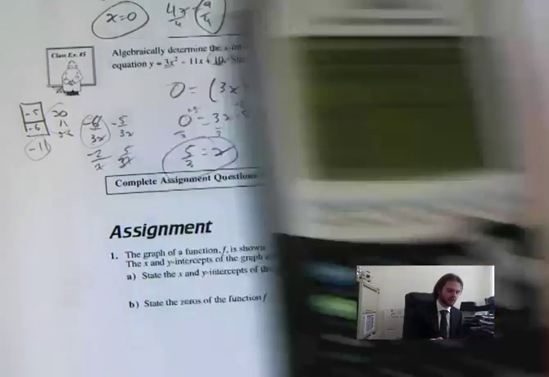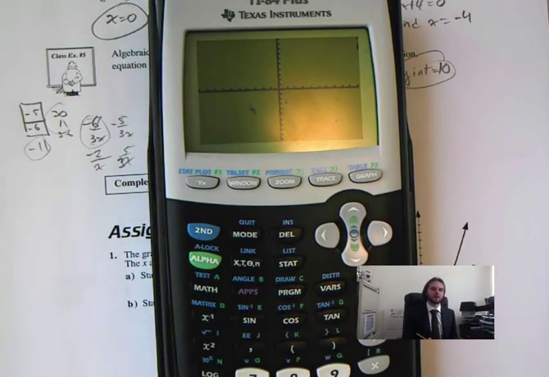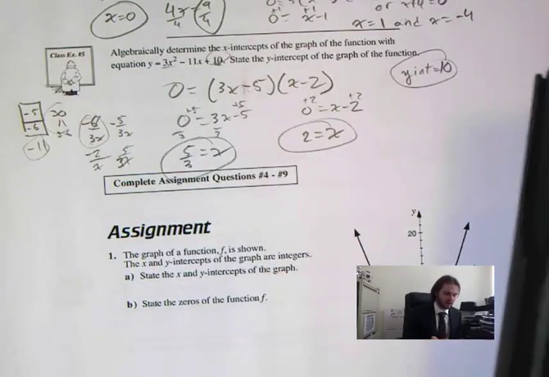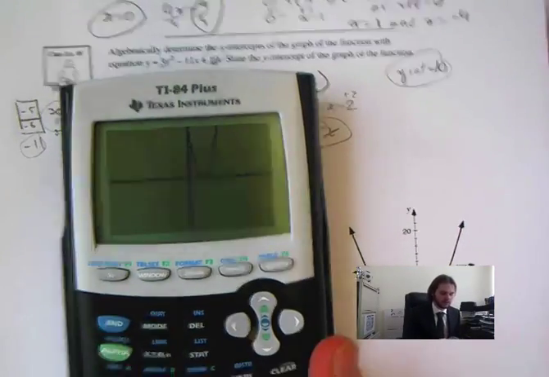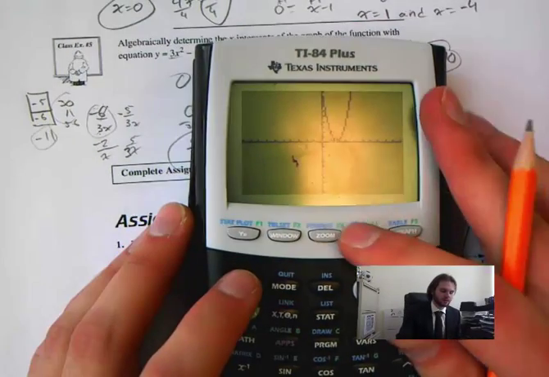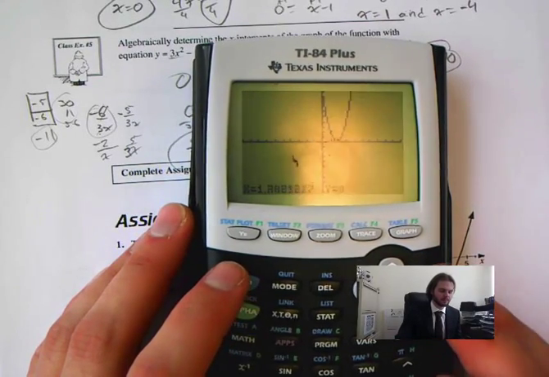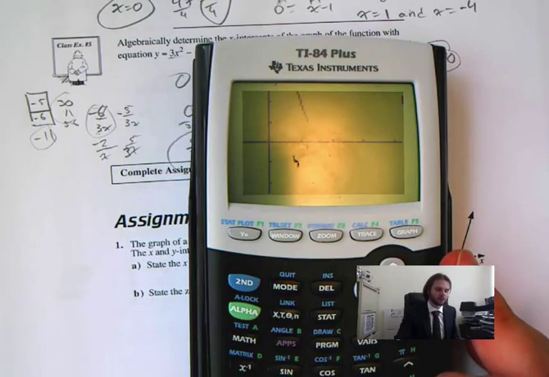And then we have plus 10. And we graph, and according to this, it's very close to 1, so I'm going to zoom in right here. Let's take a closer look.